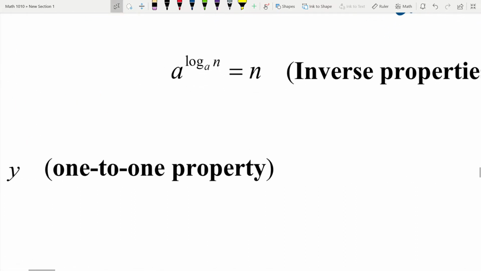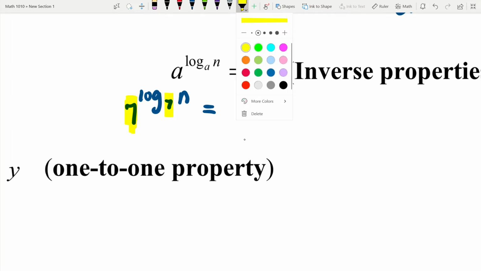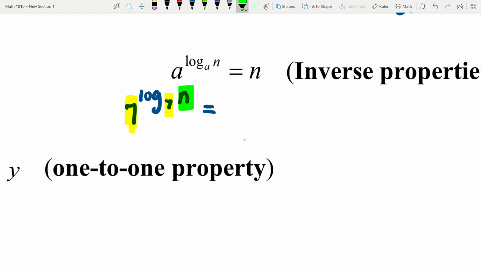Okay, look at this guy. This one right here, there's not a nice way for me to explain it to you, so I'm just going to tell you. Write this down. 7 raised to the log base 7 of n. If this number is raised to a log that has the same base, if those match, then your answer is this guy right there.